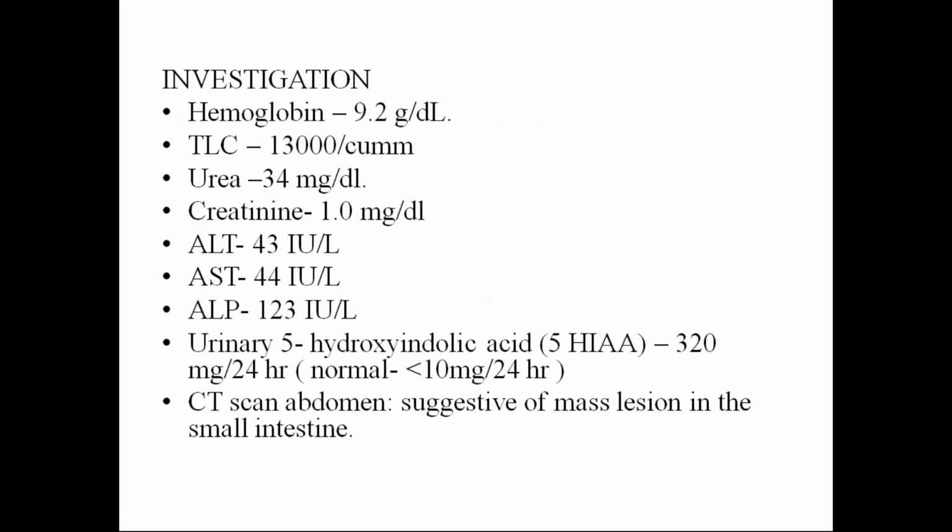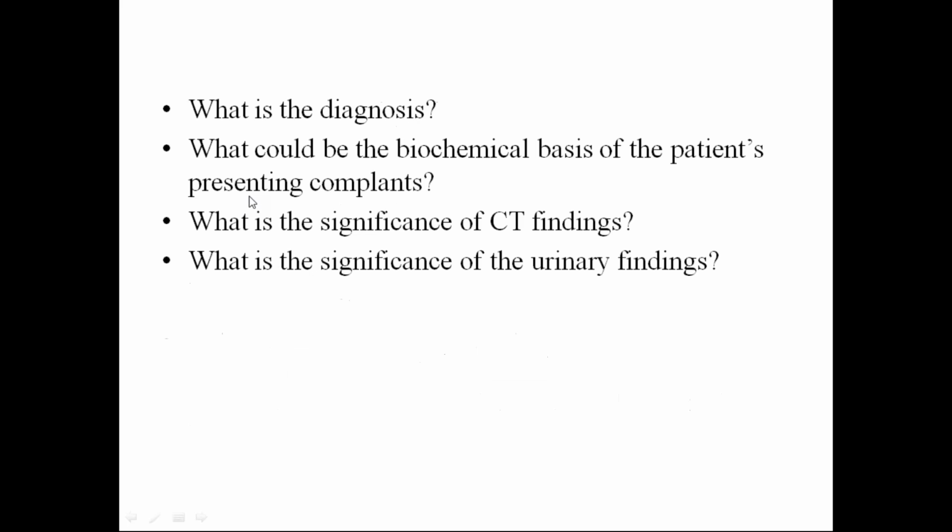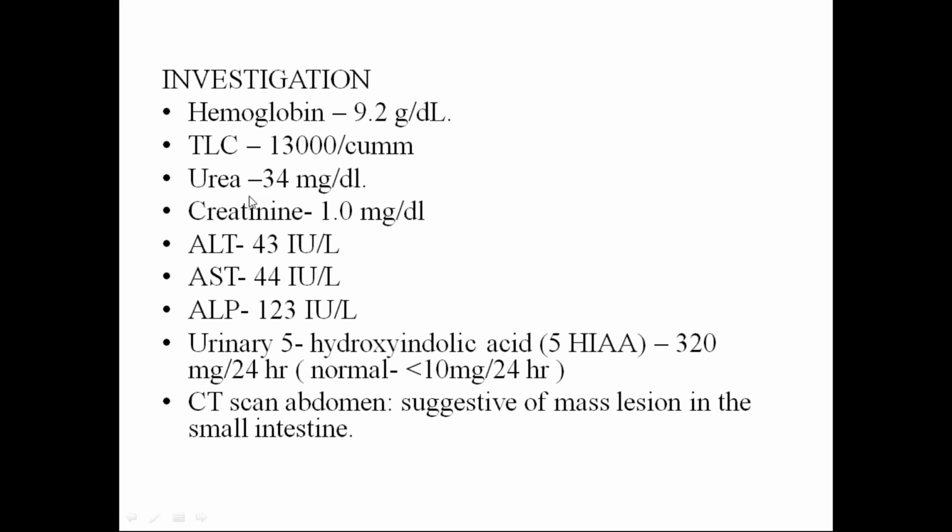On investigation, hemoglobin is less, 9.2 gram per deciliter. TLC is almost normal. Urea and creatinine are 34 milligram per dl and 1 milligram per dl, which are normal.